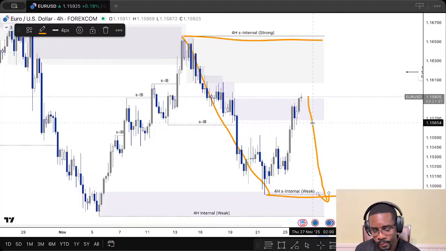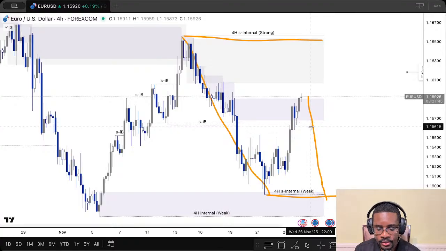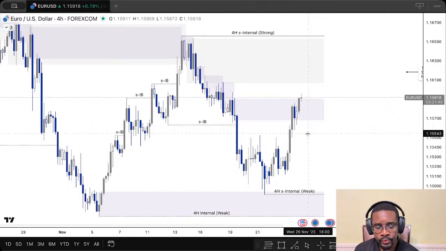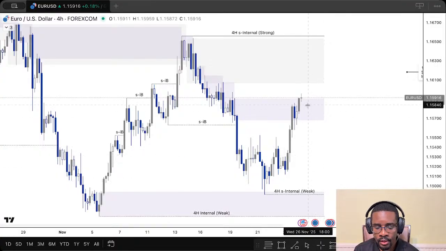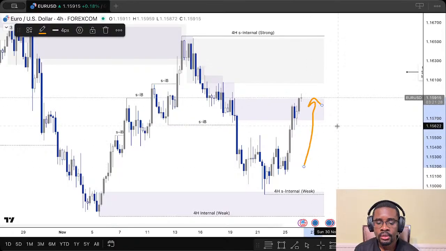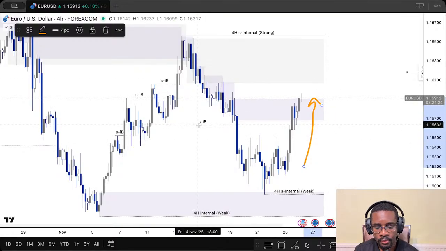Right now it's a bit iffy. There's no clear direction really. But if we are simply to follow momentum, then we might be looking to join the train that's going bullish at the moment.